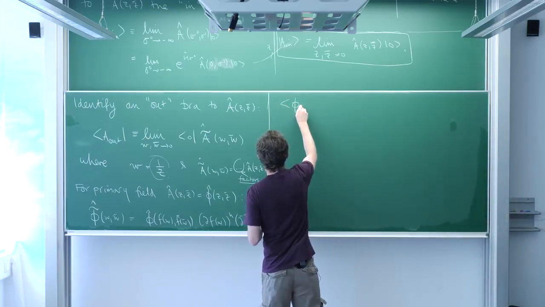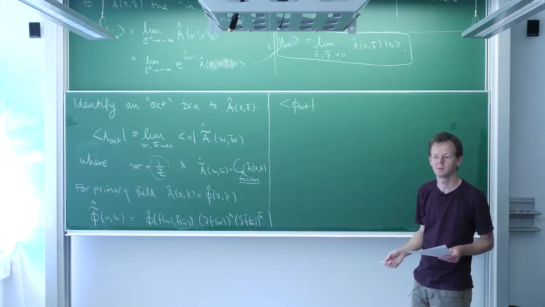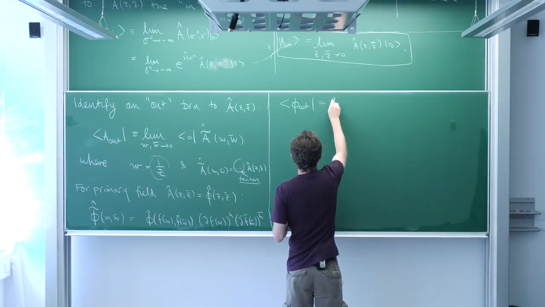We'll use that notation, phi out. In states are easy, but out states, or out bras, require a bit more work.